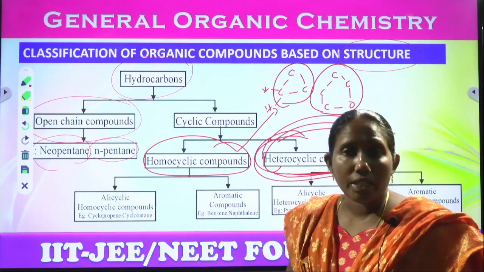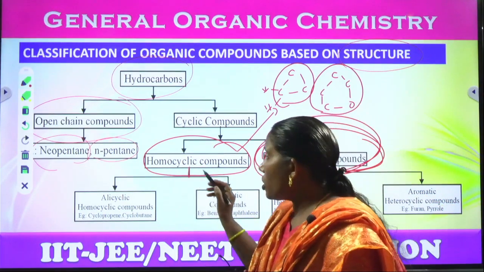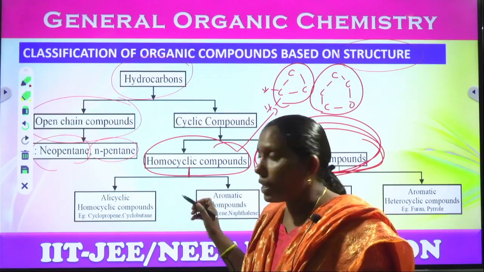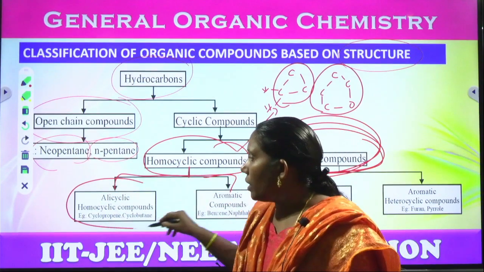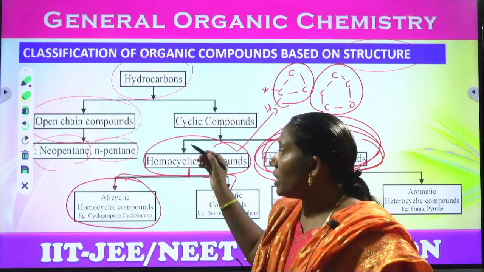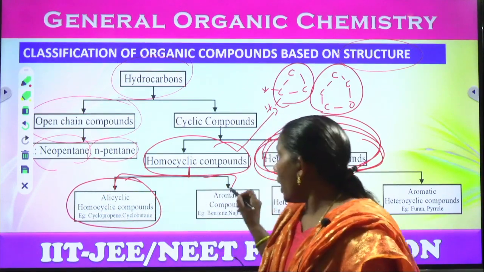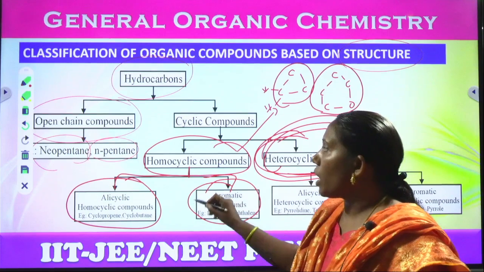Again there is a classification within the homocyclic compounds. Homocyclic compounds are classified into two types: alicyclic and aromatic compounds.